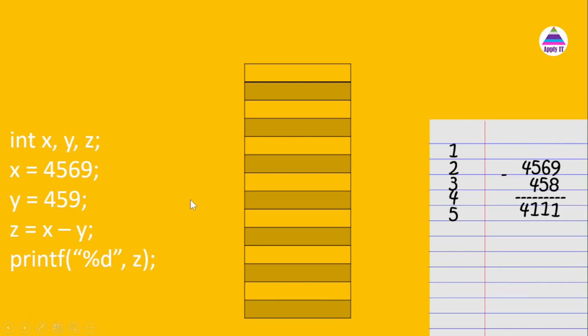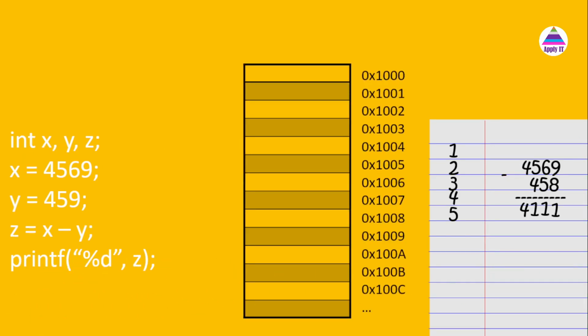So let us give addresses to this memory location. So you can see here we have given numbers to lines on a piece of paper. In same way, memory will also have numbering. So for example, the first byte, it's starting with address 1000.